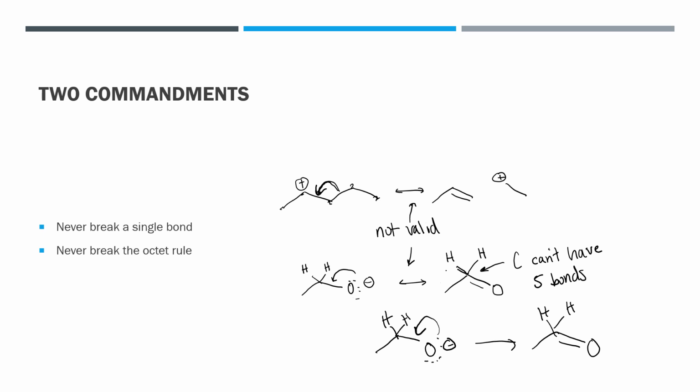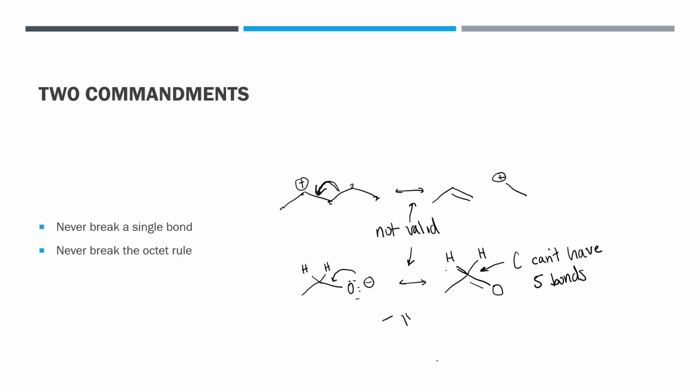So now we have 5 bonds connected to that carbon. This is wrong. You can never have more than 4 bonds on a carbon, because carbon does not have d orbitals that it can use to hybridize and form bonds. Okay, so those are the 2 rules you can never break with resonance structures.